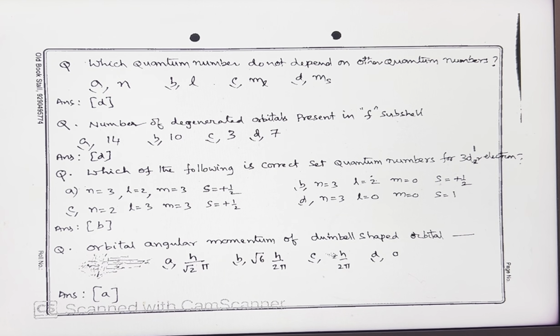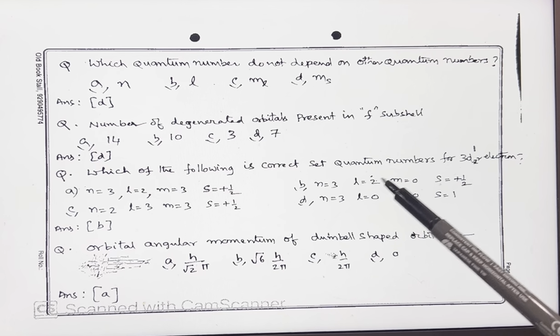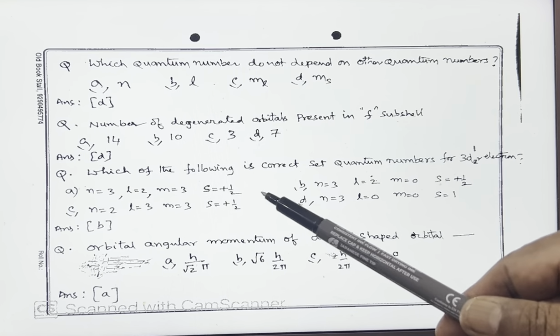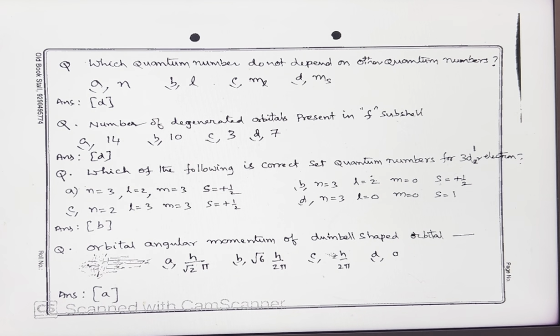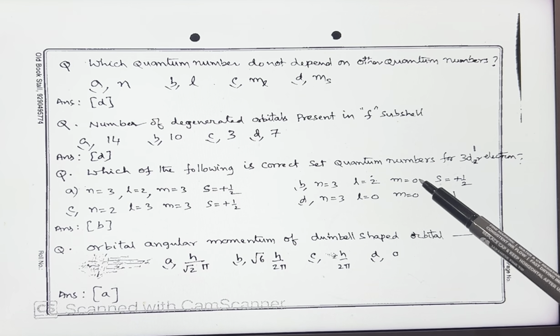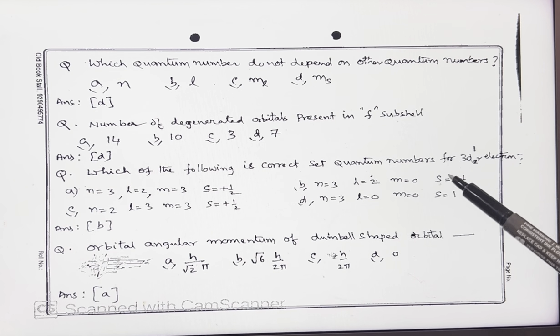Which of the following is the correct set of quantum numbers for 3dz square electron? Here, A, n is equal to 3, l is equal to 2, m is equal to 3, s is equal to plus half. B, n is equal to 3, l is equal to 2, m is equal to 0, s is equal to plus half.